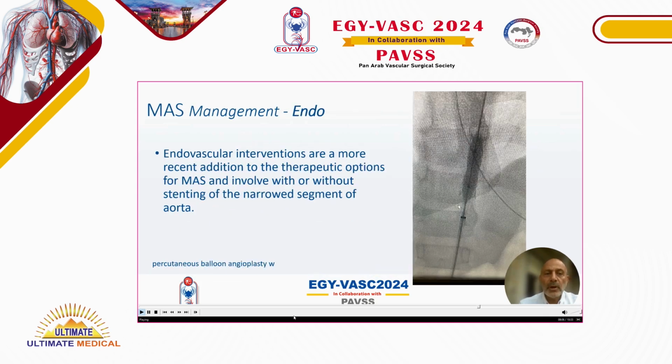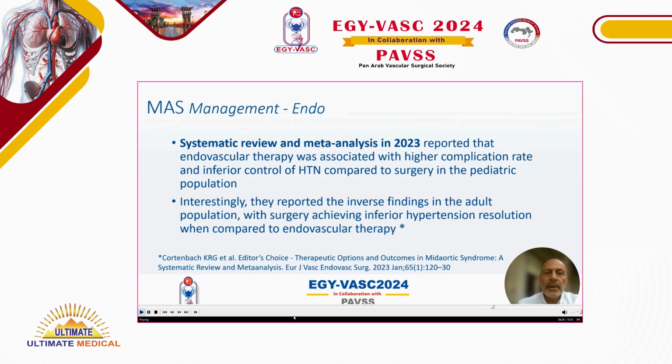Endovascular management is a more recent addition to the therapeutic options for mid-aortic syndrome and involves, with or without stenting of the narrowed segment of the aorta, dilatation of this severely tight coarctation and improving the distal and renal perfusion. A systematic review and meta-analysis published in 2023 in the European Journal of Vascular and Endovascular Surgery reported that endovascular therapy was associated with a higher complication rate and inferior control of hypertension compared to surgery in the pediatric population, at the cost in the long run, of course, of higher reintervention and other major operations for the surgical counterpart.